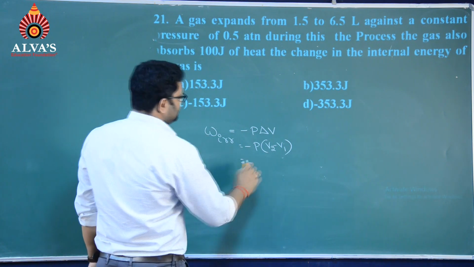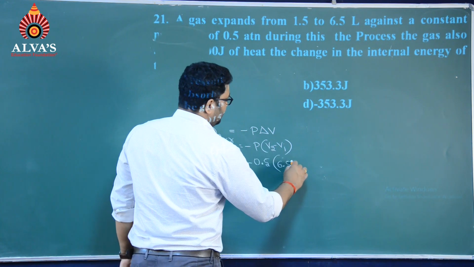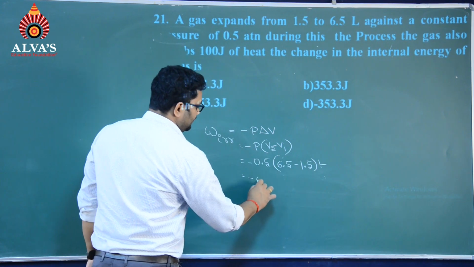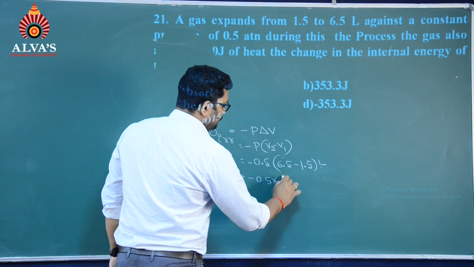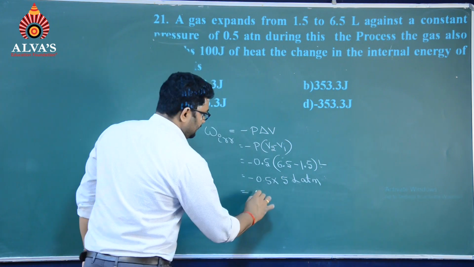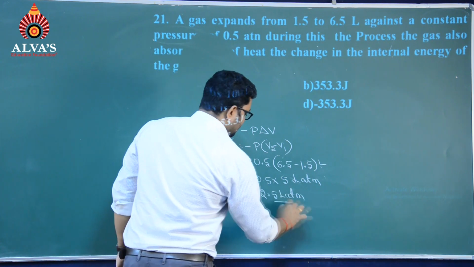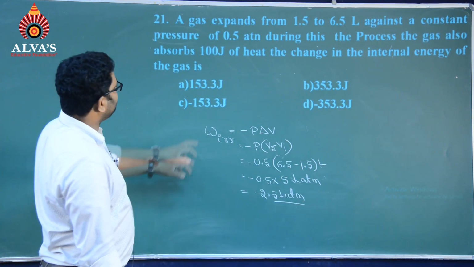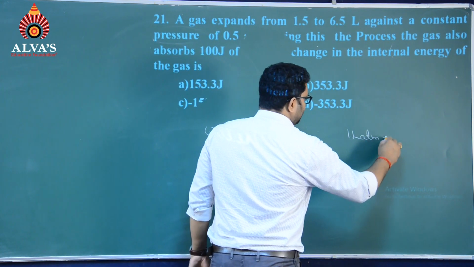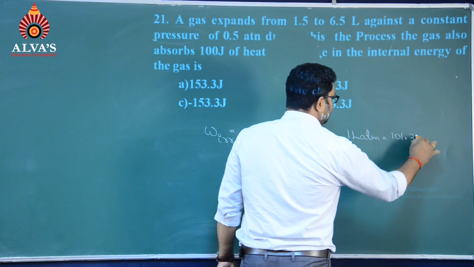Now, external pressure is 0.5 atm, final volume is 6.5 and initial volume is 1.5 liter. Together it is 0.5 into 5, that is 2.5 liter atm, with a minus sign. The work done unit here is liter atm, but we have joules in the question. Convert liter atm into joule by the conversion 1 liter atm is 101.3 joule.